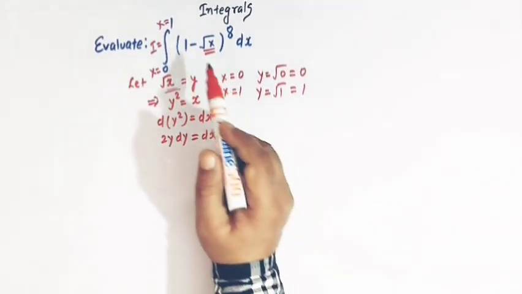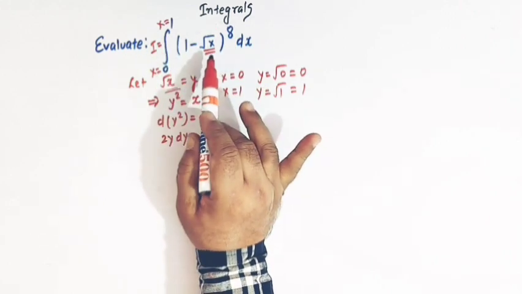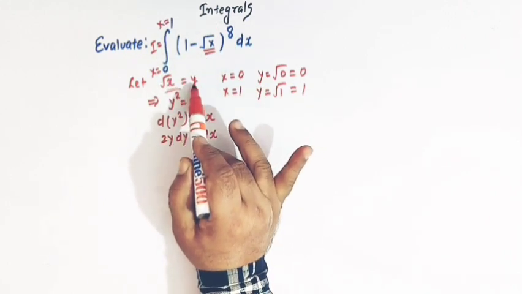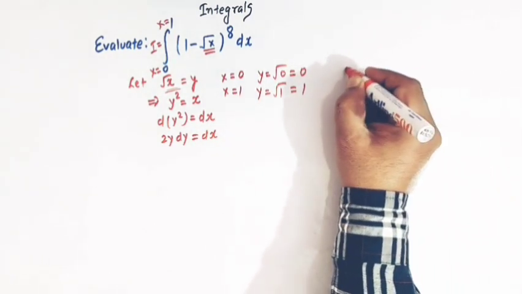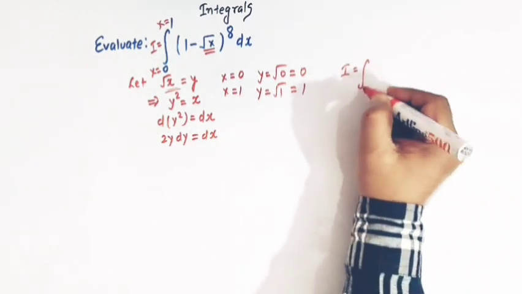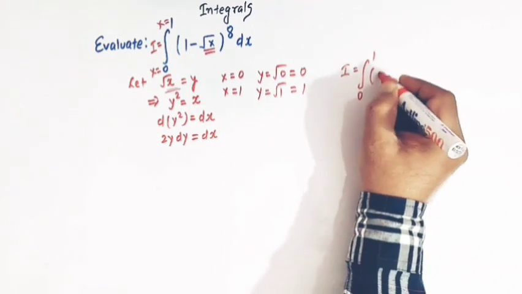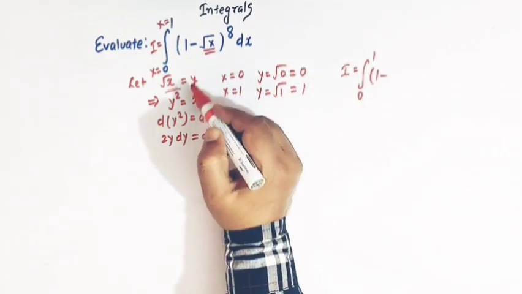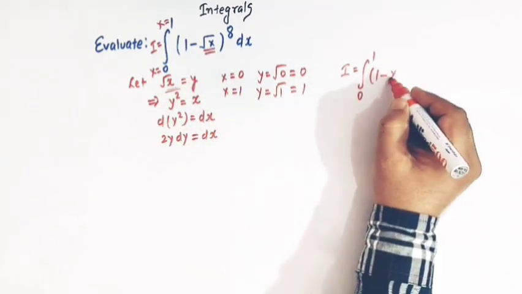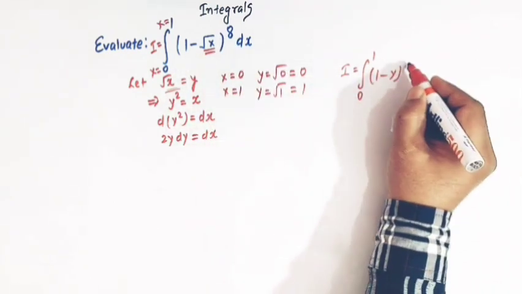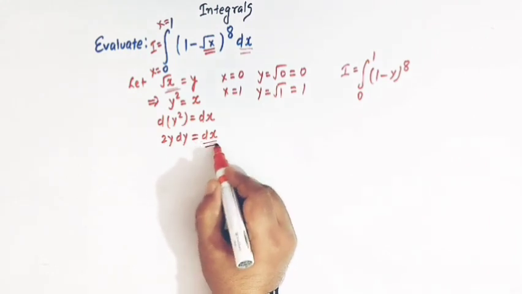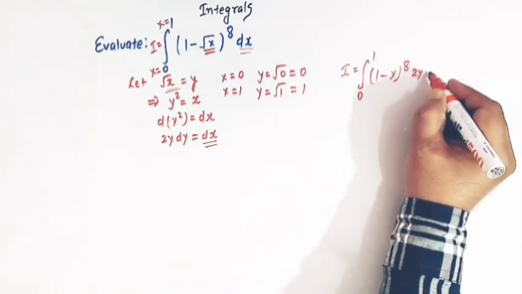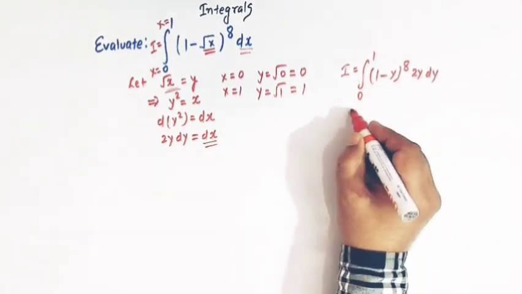So now let us express this integral in terms of this new variable y, right? So now we can write I is equal to integral from 0 to 1. We have (1 minus square root of x, which is replaced by y) raised to the power 8, and dx is replaced by 2y dy, right?